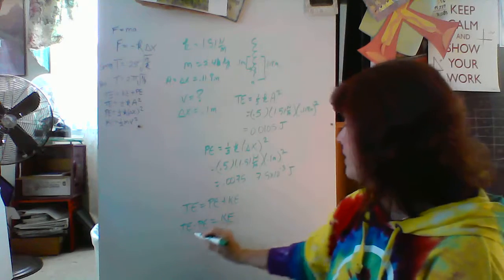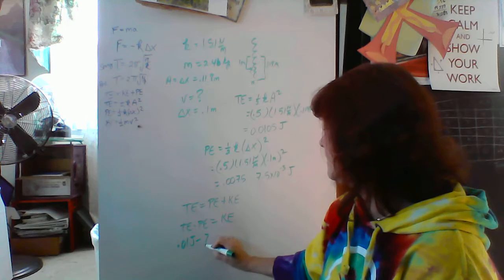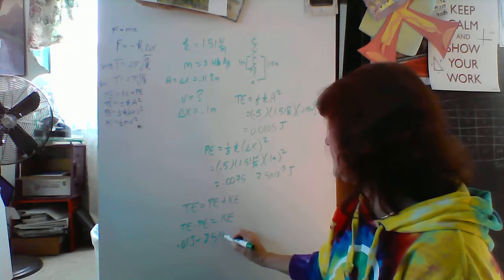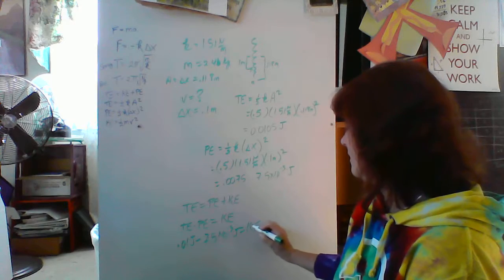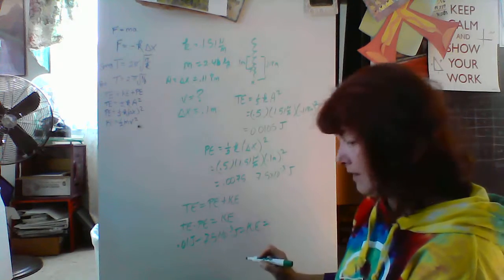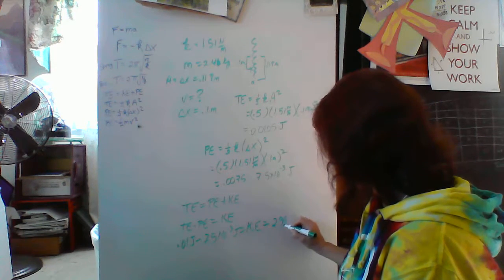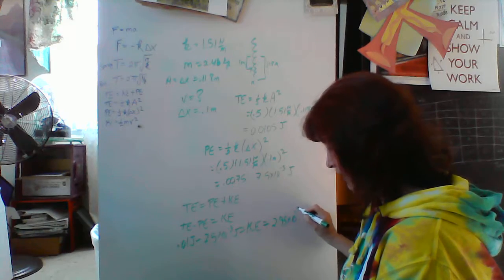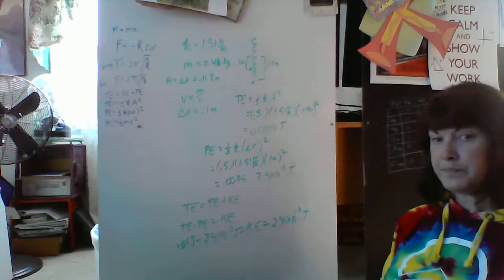And so we can go up here and plug in our 0.01 joules minus our 7.5 times 10 to the negative 3rd joules will equal our kinetic energy. Since I'm almost running out of board, I'm just going to keep writing it here. And so our kinetic energy is going to be 2.95 times 10 to the negative 3rd joules by simply subtracting.